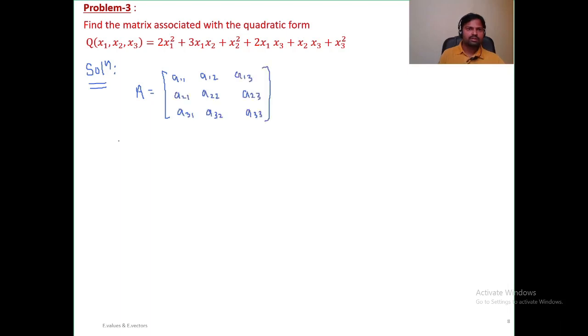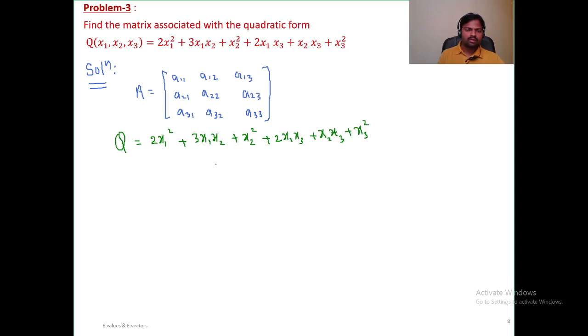Next, the given quadratic form Q is 2x1 square plus 3 x1 x2 plus x2 square plus 2x1 x3 plus x2 x3 plus x3 square.